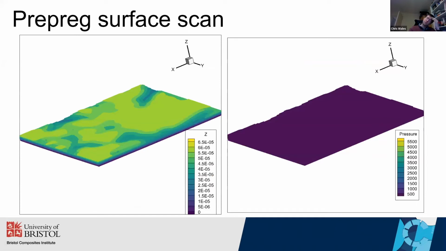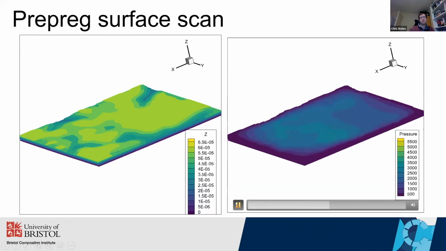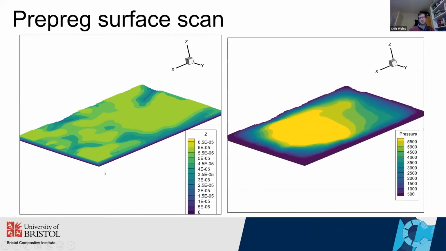So in future, what we want to start looking at is, as we showed earlier, we have some surface scan data of the initial height of the prepreg surface here. And then similar to what we've been doing before, we want to put a top plate on the top there and start compressing the fluid. So this is an initial time simulation.